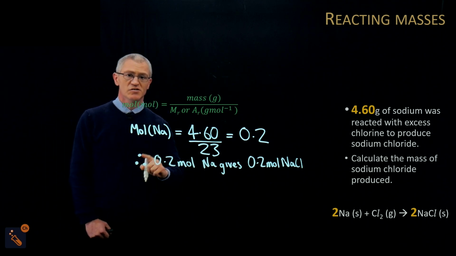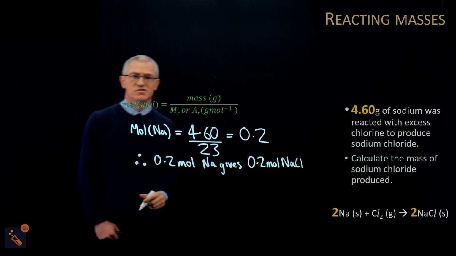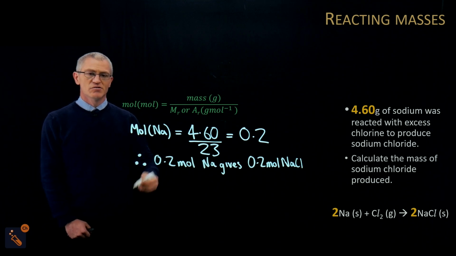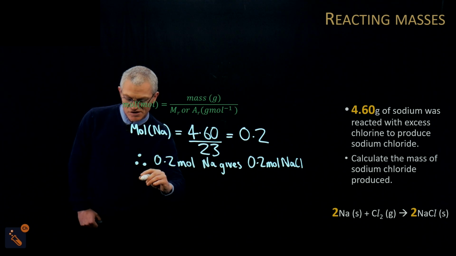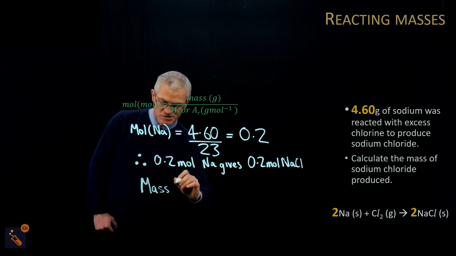So 0.2 moles of the sodium will give you 0.2 moles of the sodium chloride. Now we're thinking about it in terms of the sodium chloride. We have to calculate the mass of the sodium chloride, so the question is asking for mass.